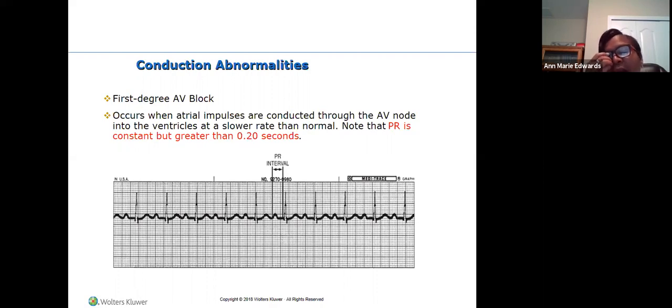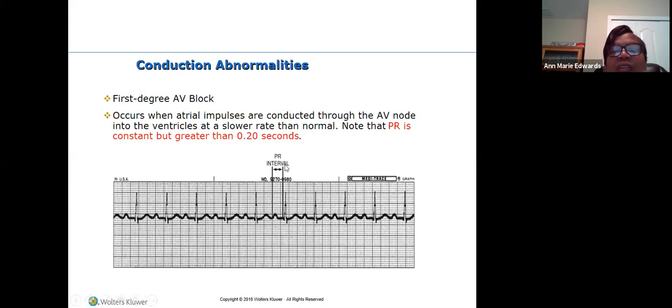So PR interval, remember we looked at our PR interval. So right there, the impulse is slower than usual. And so the PR is going to be constant, but it's going to be greater than 0.20 seconds, because it is slower. The impulse is slower.